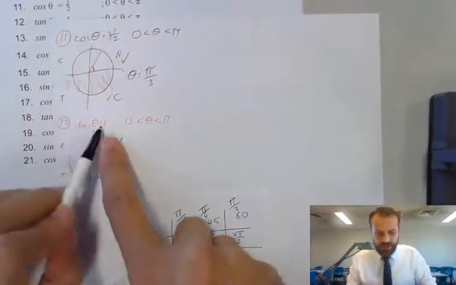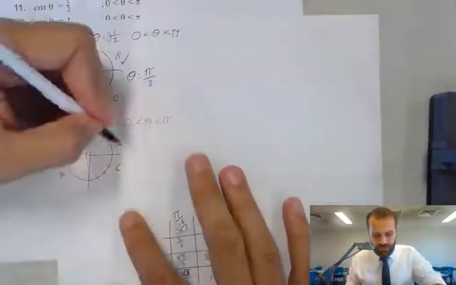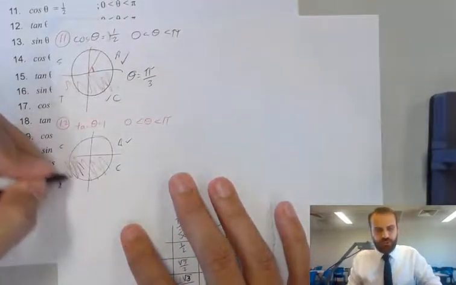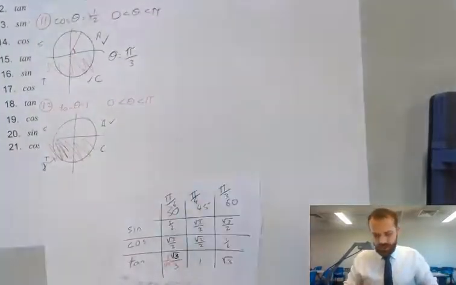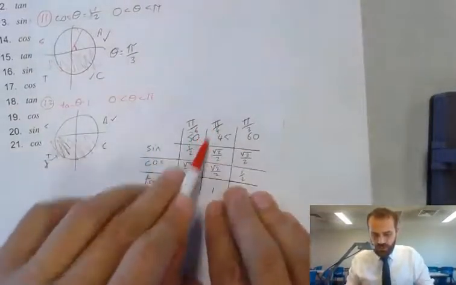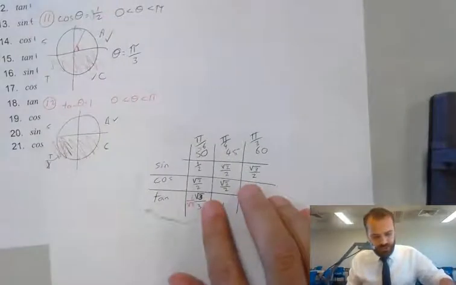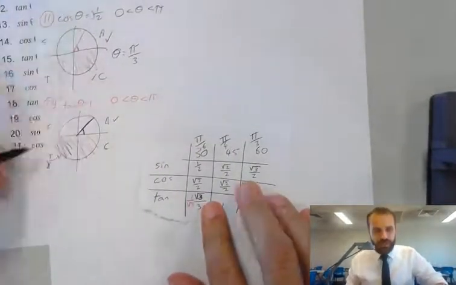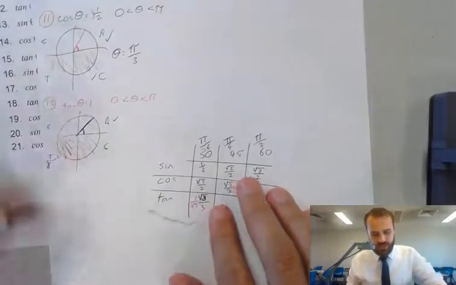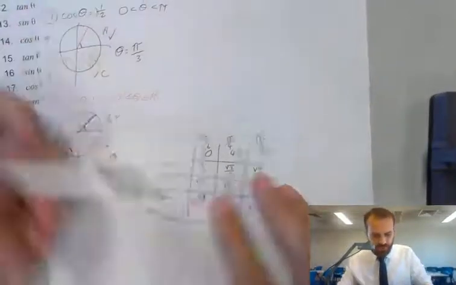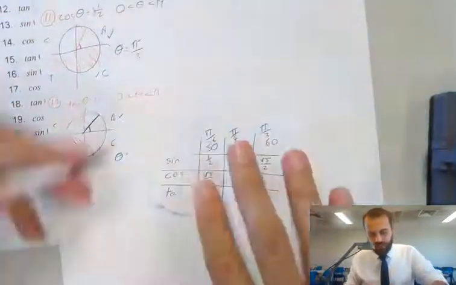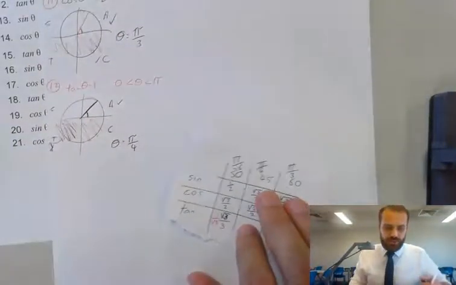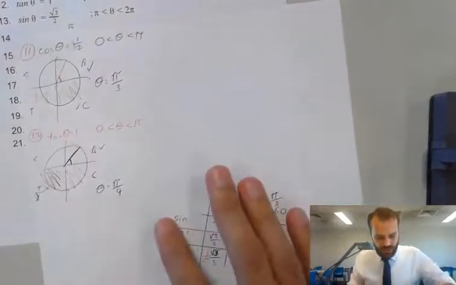It's a tan question and it's positive, so it will appear in this quadrant, and it would appear in this quadrant, but it won't because we're ignoring that quadrant. Okay, tan pi on 4, 1, that's 45 degrees. So that's the angle. The answer for this question, theta equals pi on 4. One answer for this question. 13.